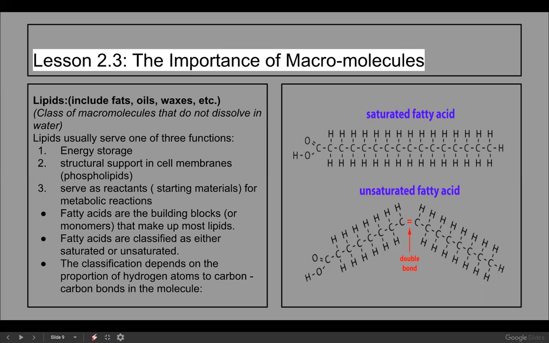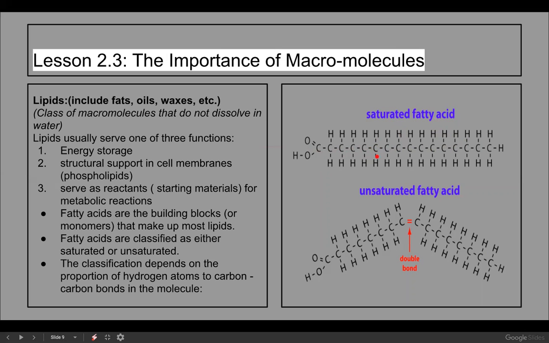Fatty acids are classified either as saturated or unsaturated, and the classification depends on the proportion of hydrogen atoms to carbon bonds in the molecule. If you look here, all of these carbons are connected by single bonds. So it is fully saturated. In other words, each one of these carbons cannot hold any more hydrogens, right? Remember the unique part about carbon: there's 1 bond, 2 bonds, 3 bonds, 4 bonds.